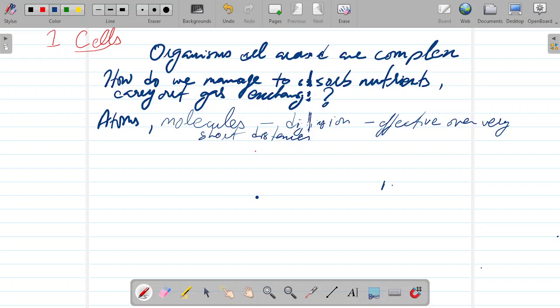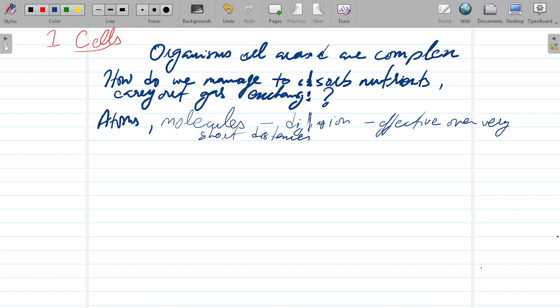And so, the first study and realization that we are made up of a smaller fundamental building block was when a scientist named Robert Hooke studied cork cells.